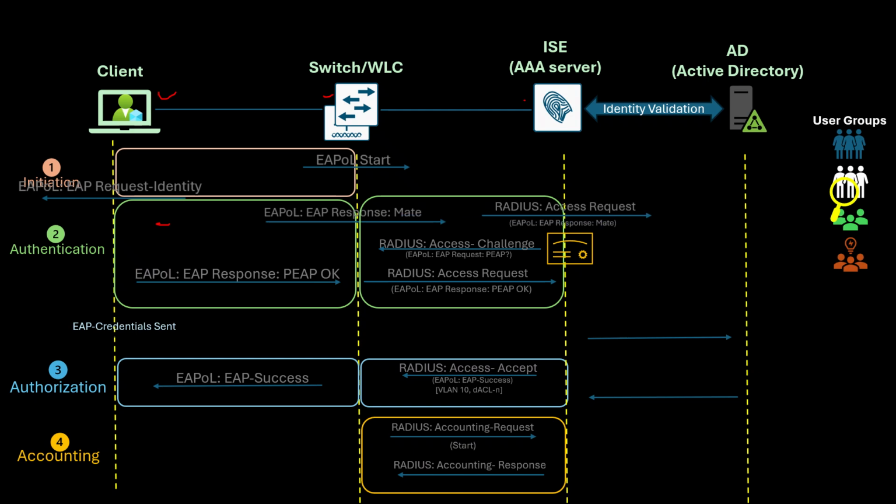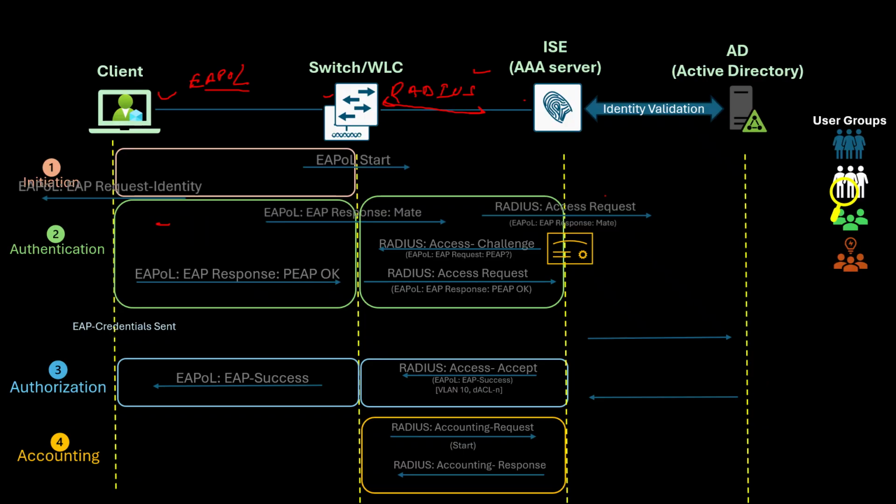The slide may not look very clear, but from this point to this point, between switch and AAA server, the RADIUS protocol is working, and from client to switch, the EAP over LAN protocol is working. So this is the combination of two protocols, which we call either Dot1x authentication or the EAP framework.